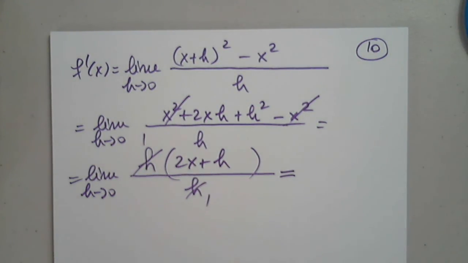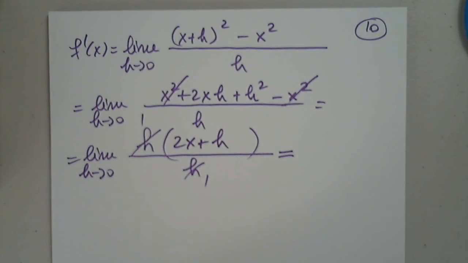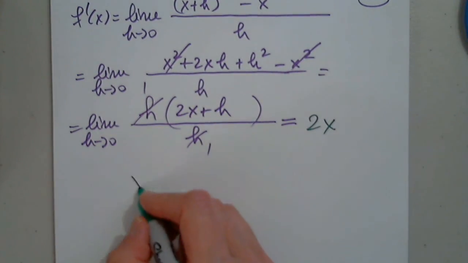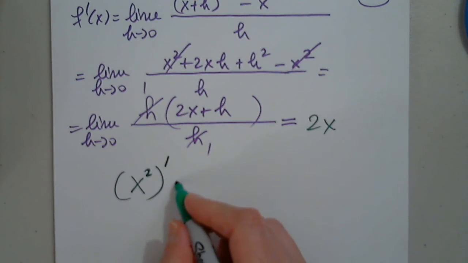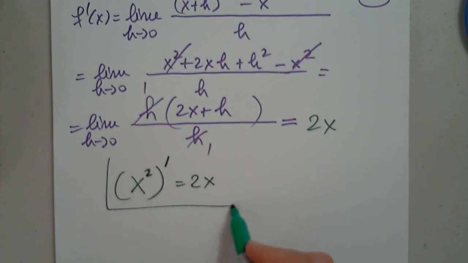Now please apply the limit and tell me the rate of change of x squared at any point on the graph of the function, or the instantaneous rate of change. So just 2x? That's it. So please remember moving forward, x squared prime equals 2x.